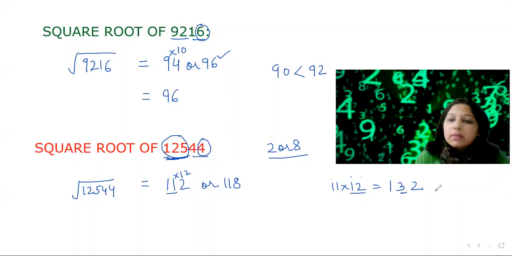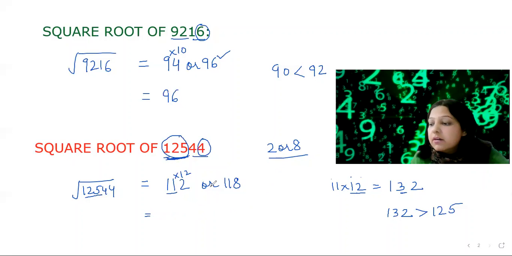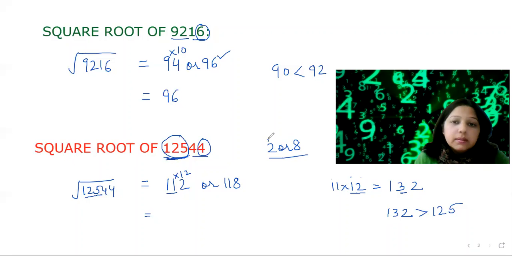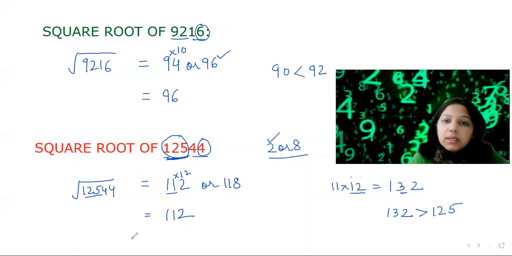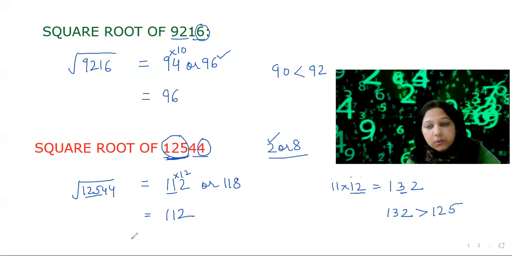So 11 into 12 is 132, and 132 is greater than 125. If it is greater, I told you we will pick up the first number, this one, 2. So the correct square root of 12544 is 112. So in one line only, you can easily calculate the square roots of perfect square numbers.